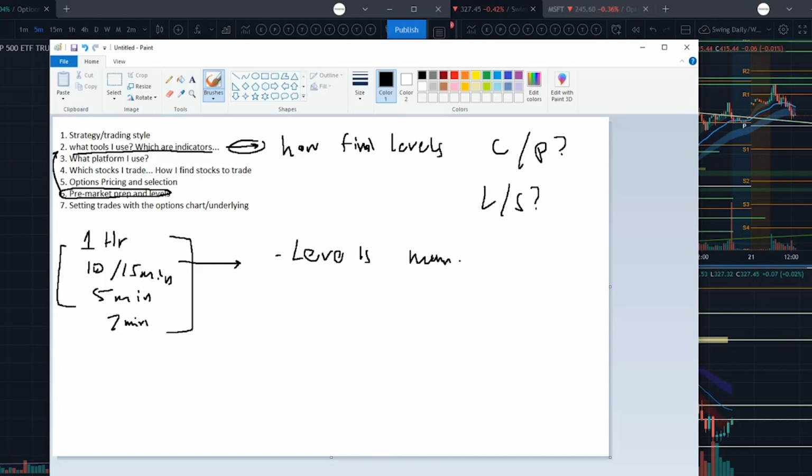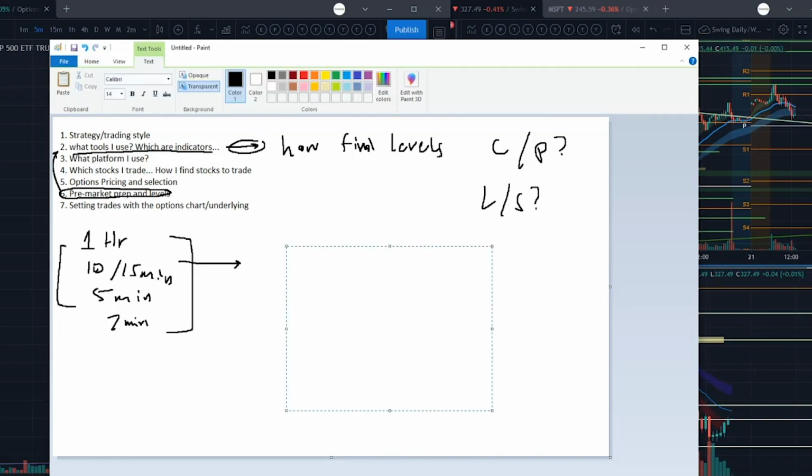Why don't I just type this out? It's ridiculous. So tools slash indicators that I use. Number one is going to be manually drawn levels.